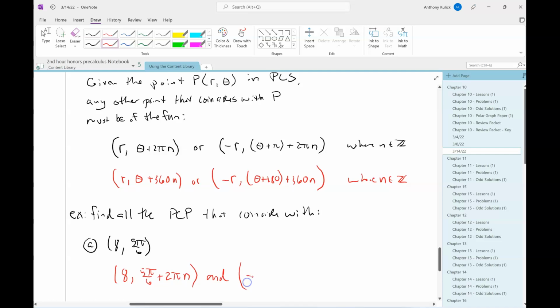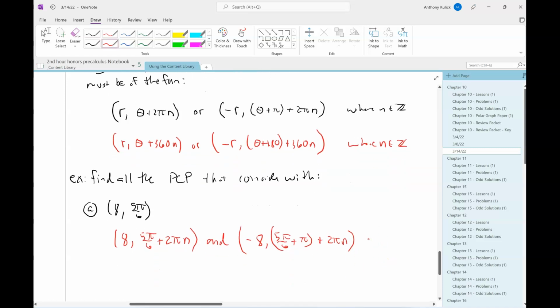And the other set would be the ones that are negative and coterminal to that. Now typically we want to reduce that second one.